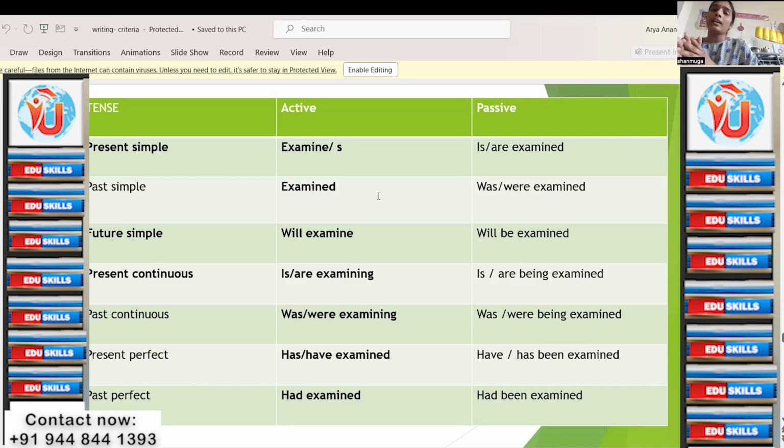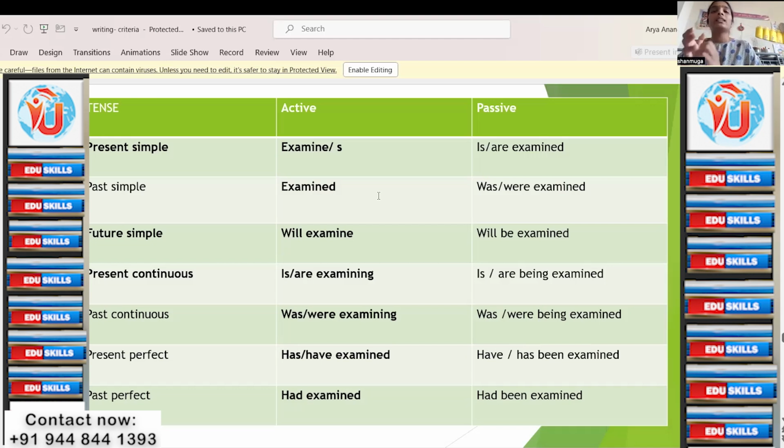In the active, you can see it changes according to plural or singular: examine or examines. In the past simple, here you can see was examined is a passive voice, was admitted is a passive voice. If you write this passive voice, they know at least that you know where to use the passive.